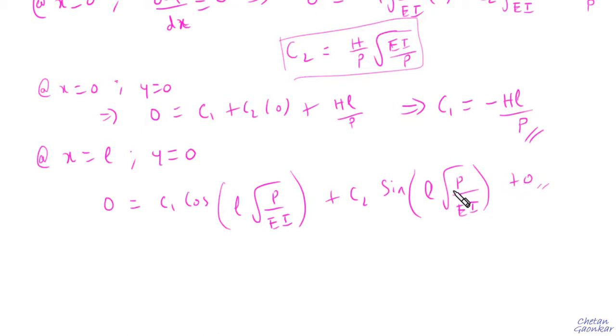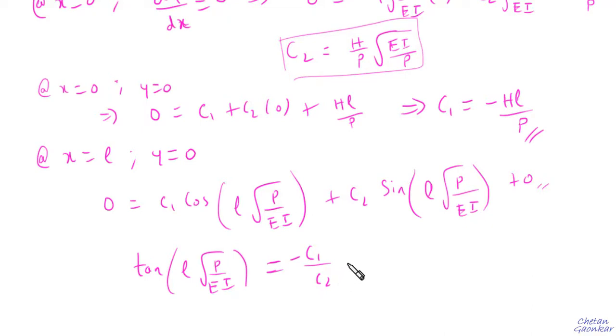So from here, if I take the ratios of these terms, taking this term to this side and dividing, I will get tan of L root of P by EI equal to minus C1 by C2. Just take this term to this side, it will become minus, then divide this sine by this cos, and divide c1 by c2, and finally we will get this equation.